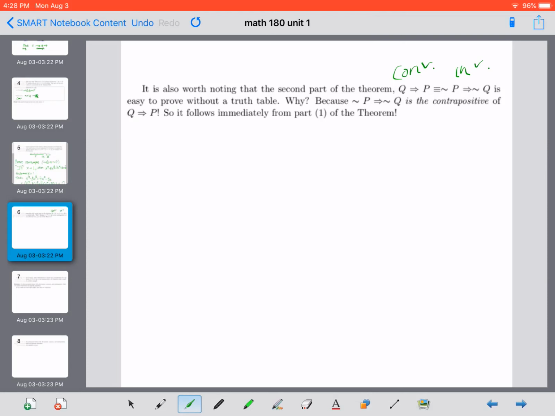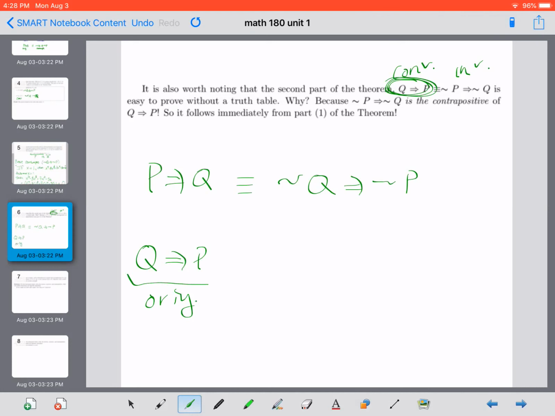And that's because we know that for any statement of the form P implies Q, it's going to be logically equivalent to its own contrapositive, not Q implies not P. So if we started with this statement as the original statement for some statements Q and P, then I know that it's going to be logically equivalent to the contrapositive, which is the statement where you swap the hypothesis and conclusion and negate them both.